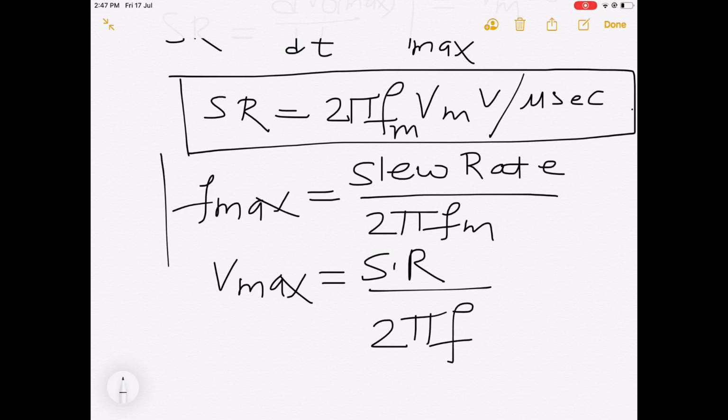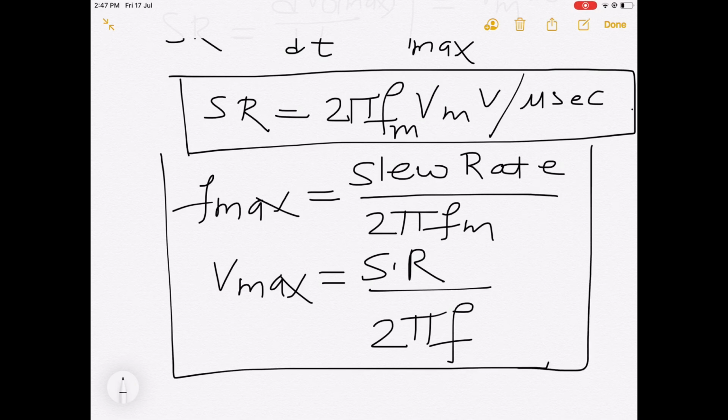So these are the formulas which are very useful for calculation of f max, V max and slew rate. So this is about the slew rate concept.